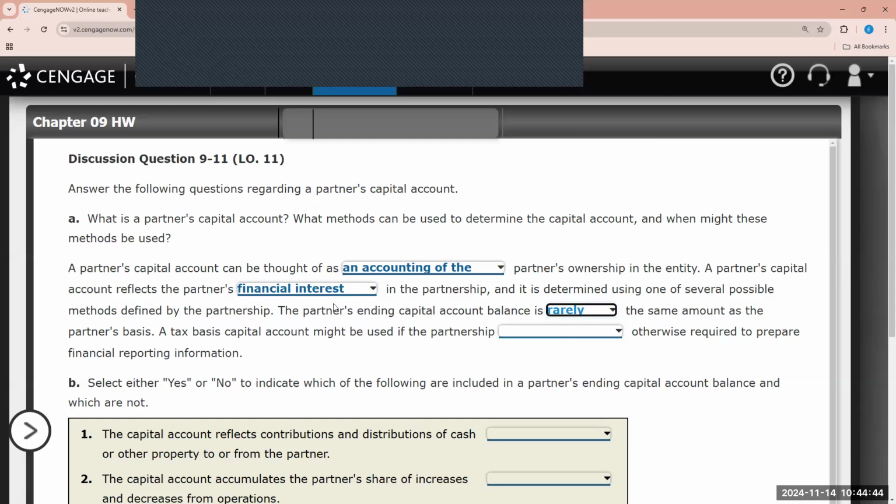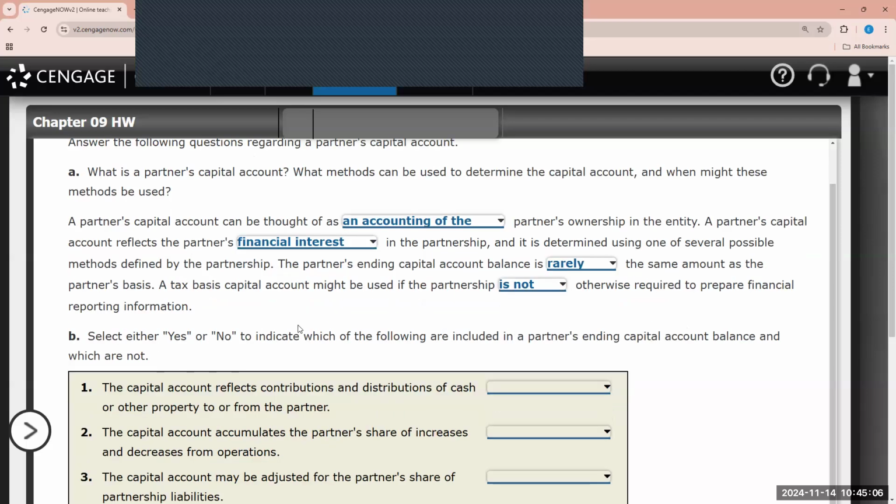Hence, that's why this answer here is the financial interest. So this brings us to the last sentence. It says a tax basis capital account might be used if the partnership is blank, otherwise required to prepare financial reporting information. So this would be if it is not required to prepare financial reporting information.